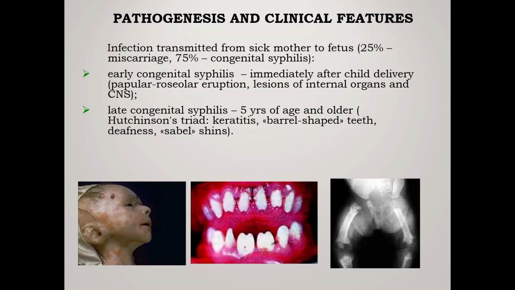Infection is transmitted from a sick mother to the fetus. It includes 2 stages, early congenital syphilis and late congenital syphilis. Late congenital syphilis is characterized by Hutchinson's triad: keratitis, barrel-shaped teeth, deafness, and saber shins. On this slide you can see Hutchinson's triad.